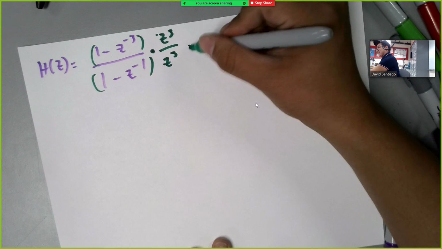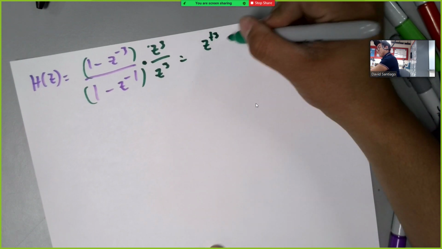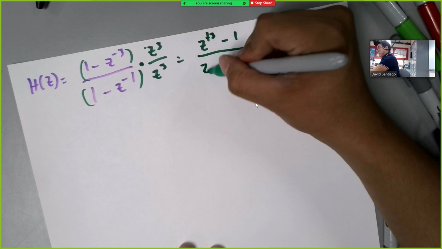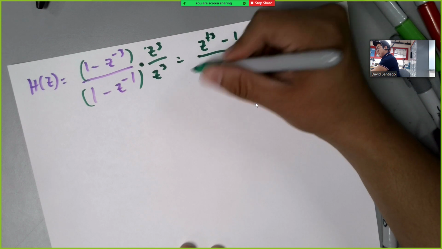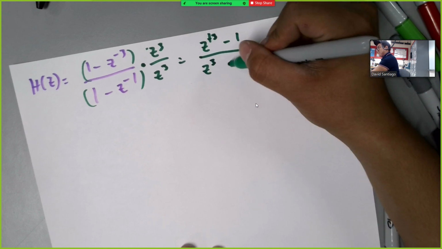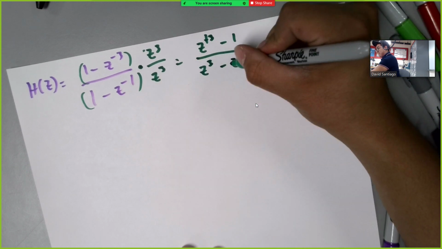Just multiply by 1. It's going to give you z to the 3, sorry, not minus 3, plus 3, minus 1, divided by z to the 3 minus z squared.